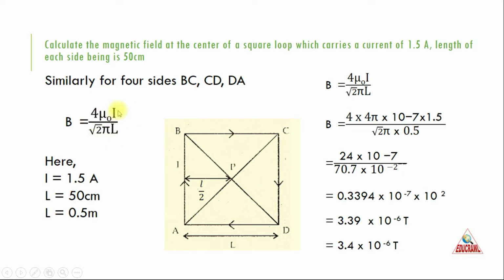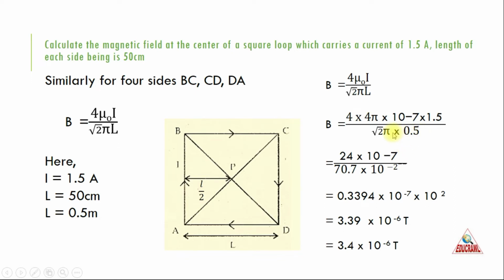Now substituting the I value and L value in this expression, we get B equal to 4 into mu naught I by root 2 pi L. Mu naught value is 4 pi into 10 power minus 7, I value is 1.5, divided by root 2 pi, L value is 0.5 meter.